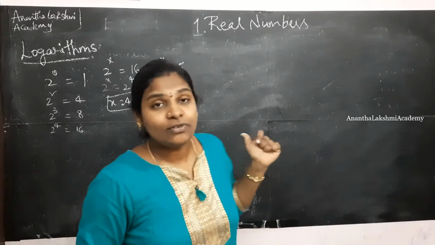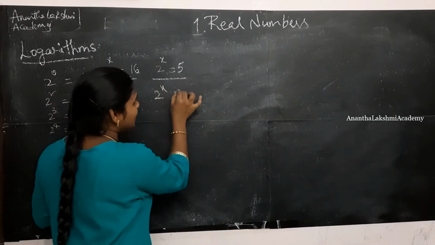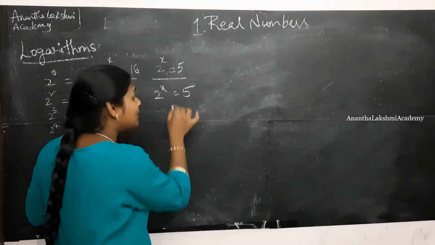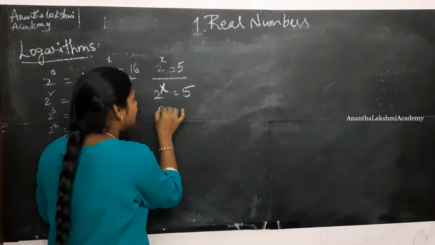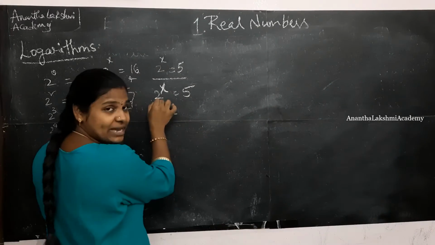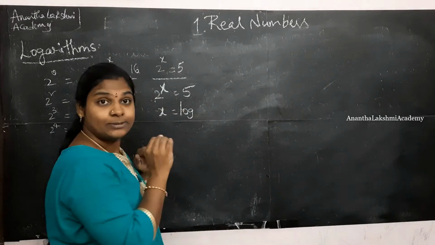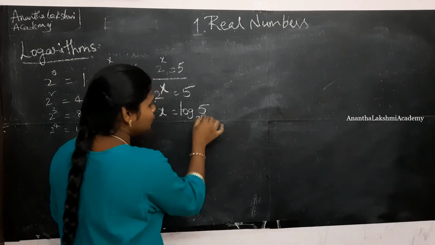Alright, how do you find the value of x? Here 2 power x is equal to 5. In order to know the value of x, I apply the logarithm. That becomes x is equal to, what is the base here? 2, right? The logarithm short notation is log 5 to the base 2.